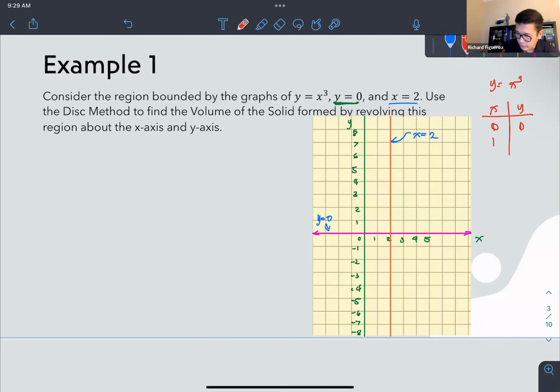Then when x is 1, 1 cubed is 1. When x is 2, 2 raised to 3 is 8. So graph ko na lang: 0, 0; 1, 1; 2, 8. So therefore, it looks like this. Okay, so that is the enclosed area.